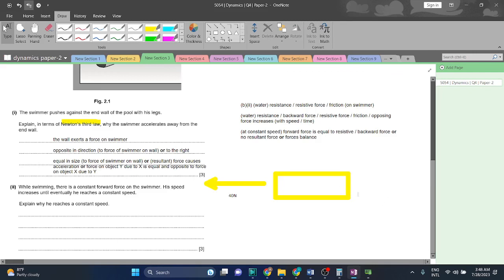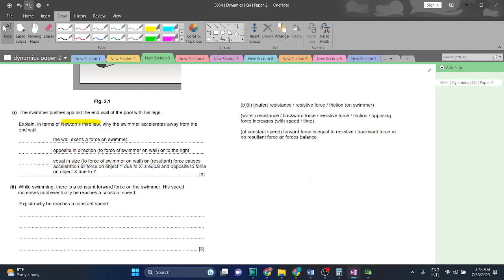So the only reason there isn't an acceleration is because the forward force is equal to the backward force. Forward force being the swimmer's capability to swim, like swinging his arms. Backward force being the resistive force caused by the water.